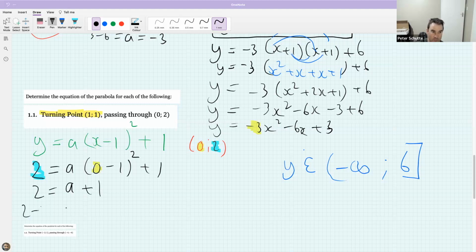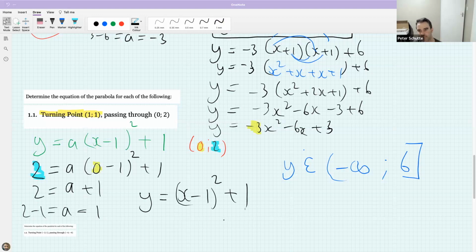So we get 2 minus 1 is a, and a is 1. So the equation of my parabola is just going to be x minus 1 squared plus 1. Because the a is kind of invisible in front, right? But you don't write that 1.